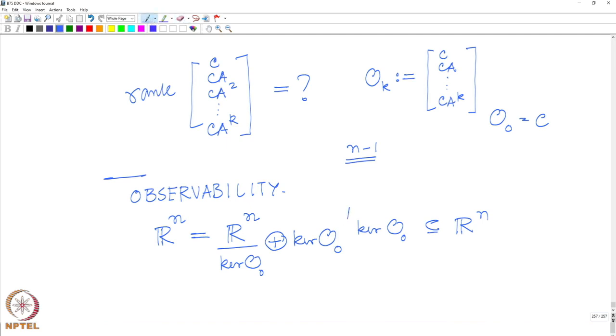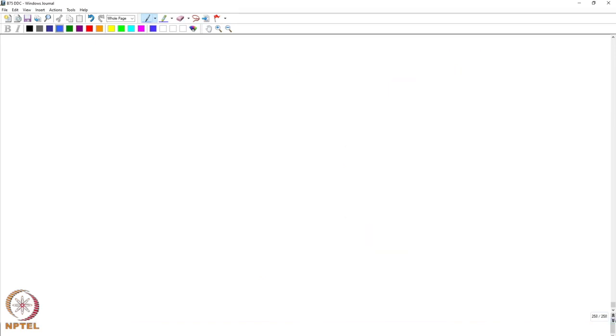But now look at the kernel of O_0. The kernel of O_0 contains as a subspace the kernel of O_1.